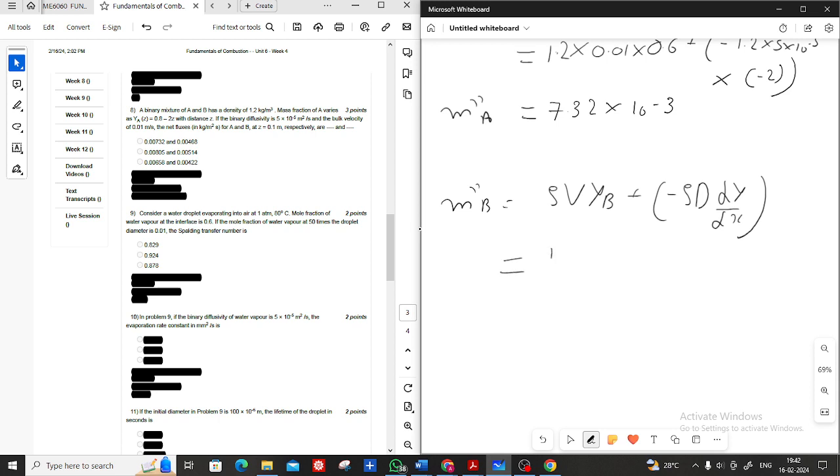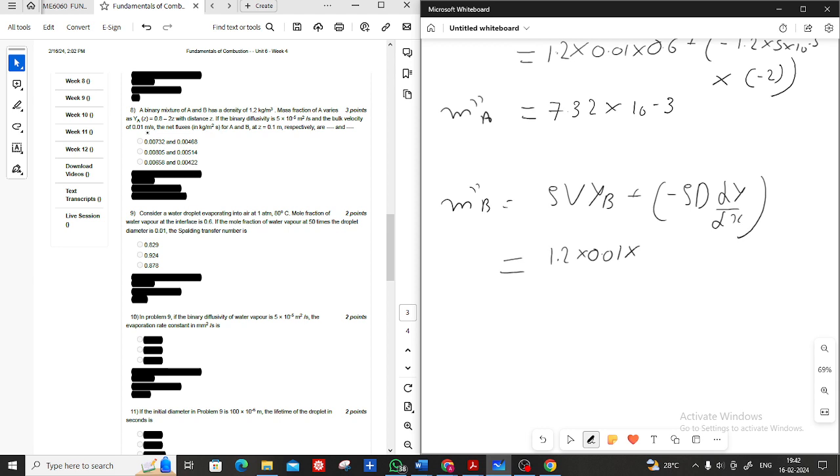Bulk density is given as 1.2, bulk velocity 0.01, into Yb. We don't know Yb, but we know Ya.